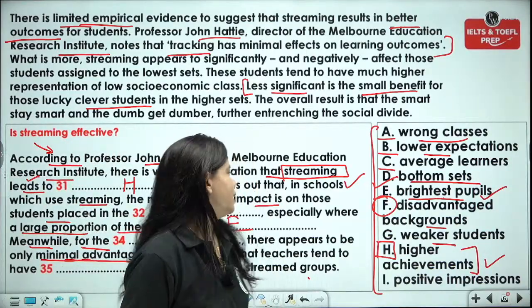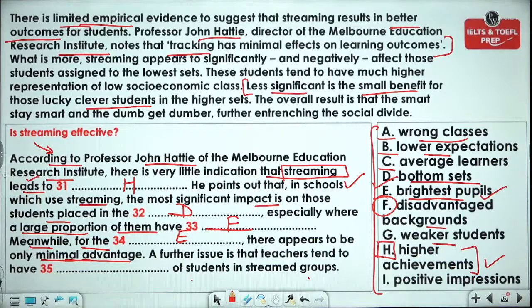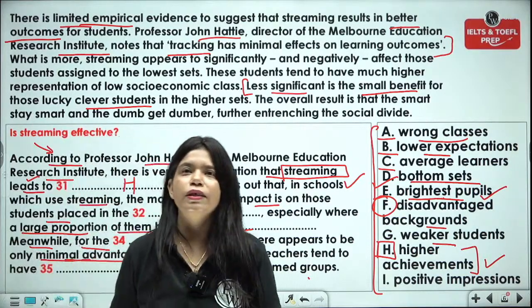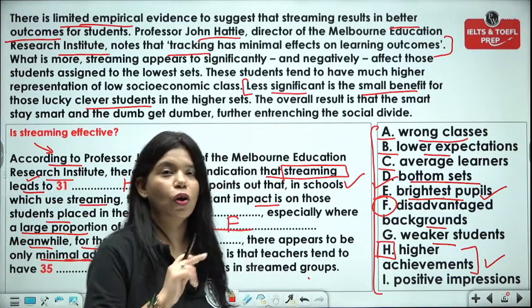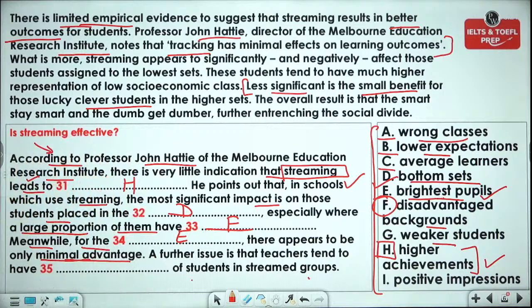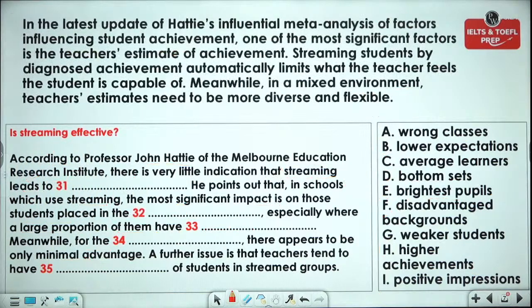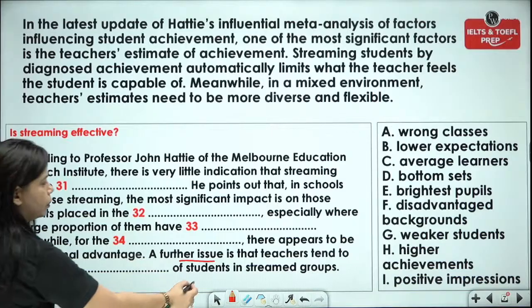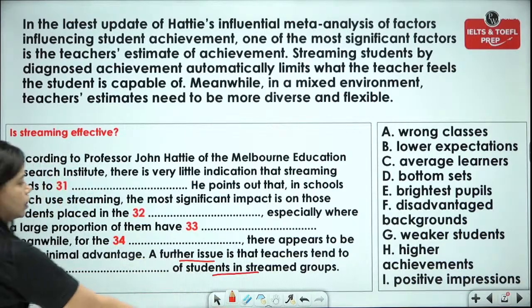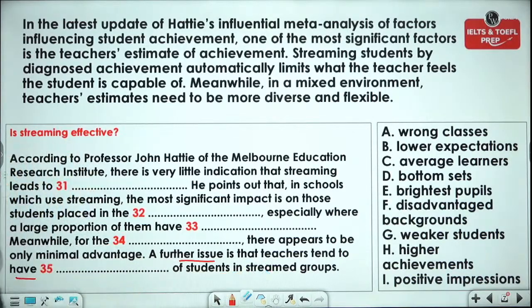Okay, let's proceed now. So the last one, answer number 35, is on the next slide, not on this one. Here you go. It says a further issue, that means another problem, is that teachers tend to have dash of students in streamed groups. Teachers tend to have what? See what they are talking about, teachers, here for number 35.